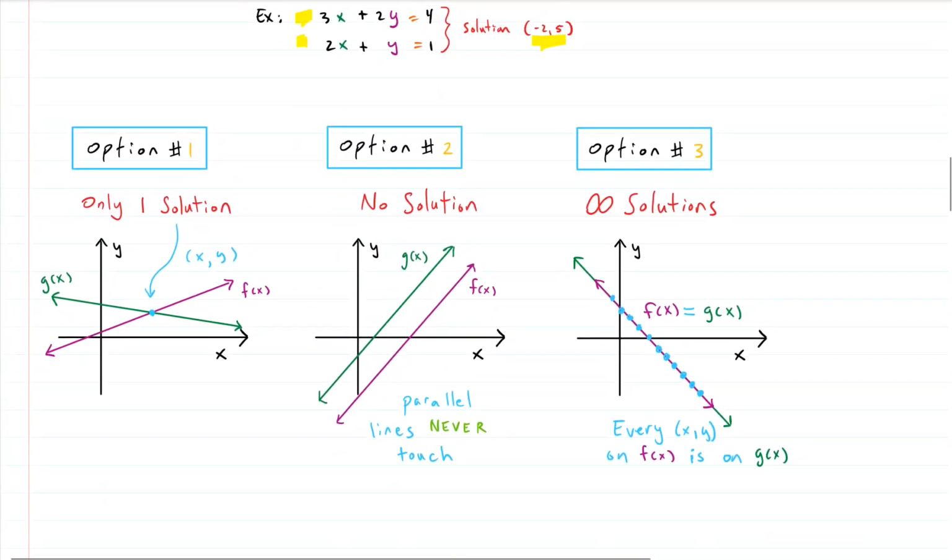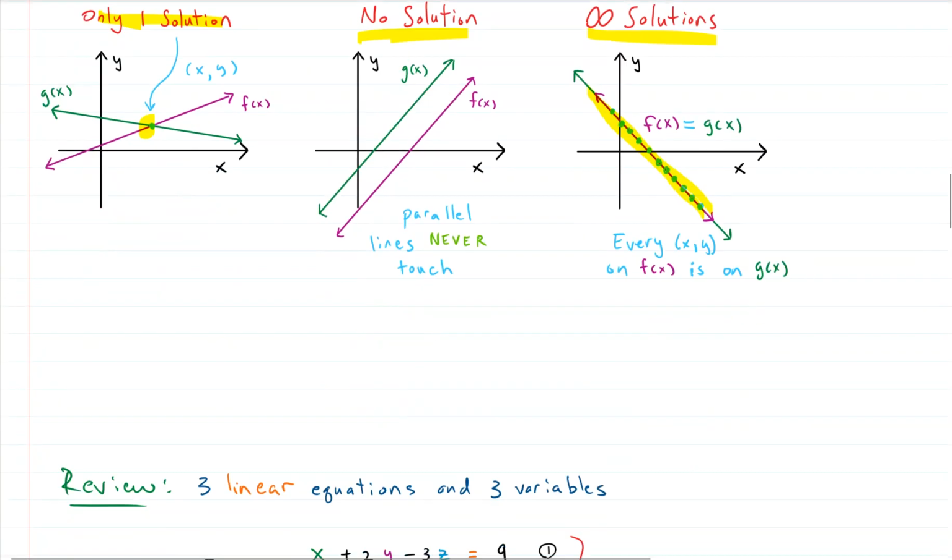Our options, remember, for linear equations in two variables, we had one solution where they touch just once, as in the example we showed up top. No solution because the lines are parallel and never touch, or infinite solutions because the lines are actually the same line and any point on one line is also a point on the other. So every point on either of the lines is a solution. So those are the options: no solution, one solution, or infinite solutions.